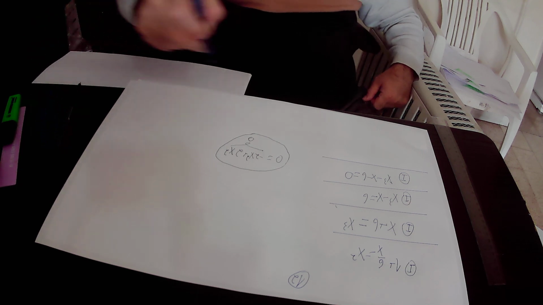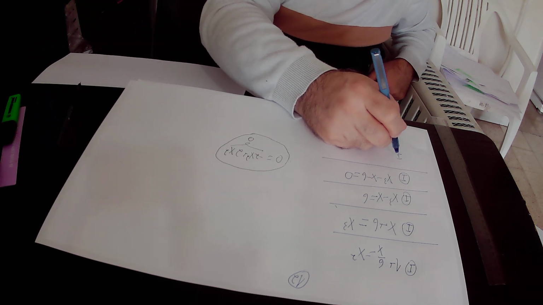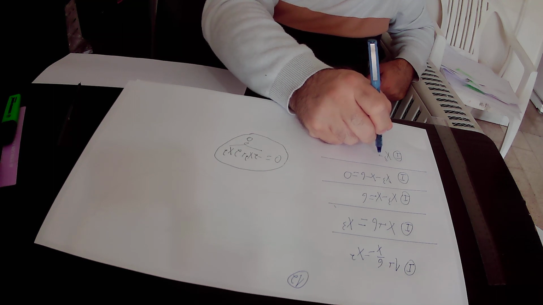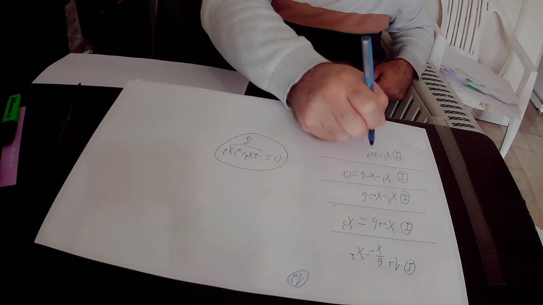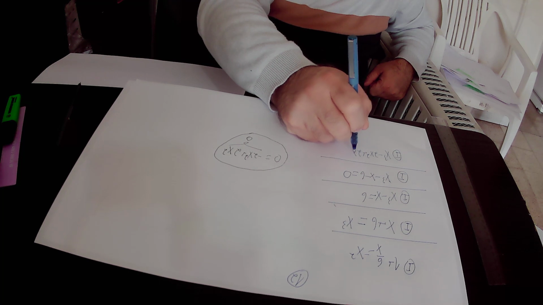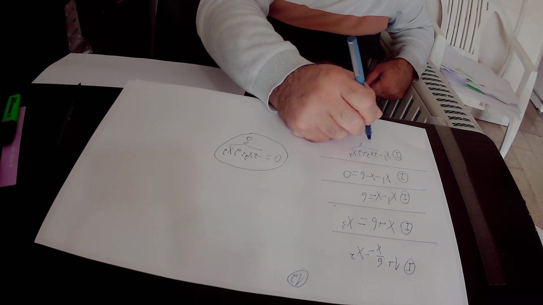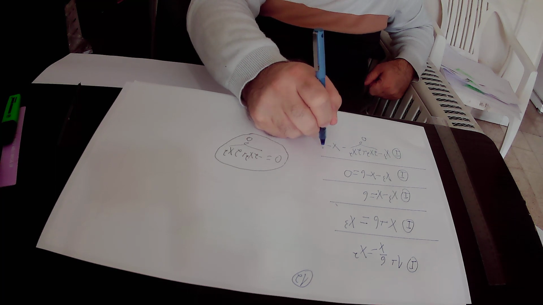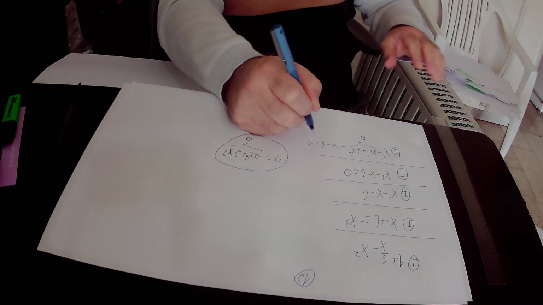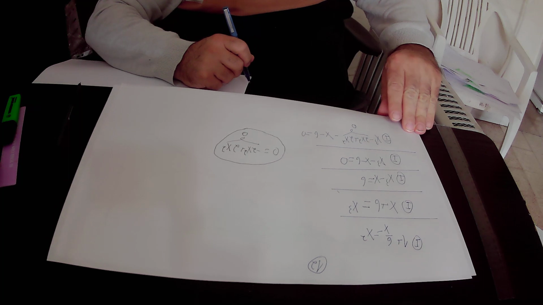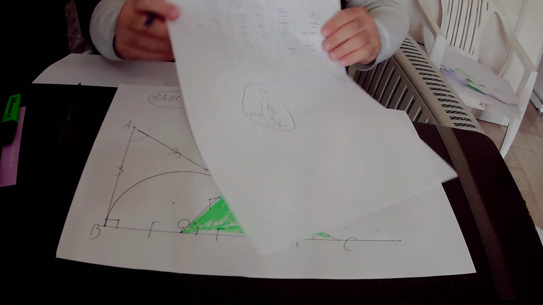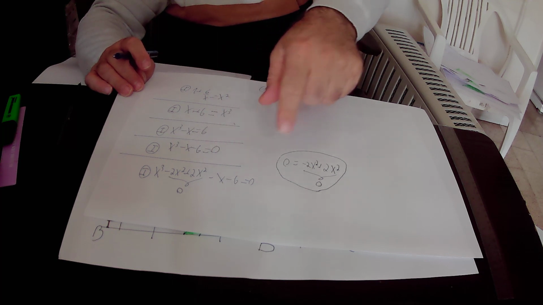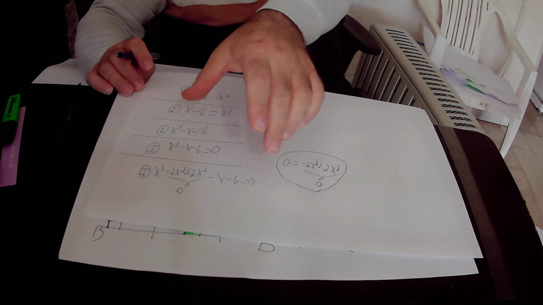That is to say, x squared minus 2x squared plus 2x squared is 0, so it is allowable to add 0 to the equation. Minus x minus 6 equals 0. Okay, so we added 0, that is minus 2x squared plus 2x squared, to this equation, and we got this expression.